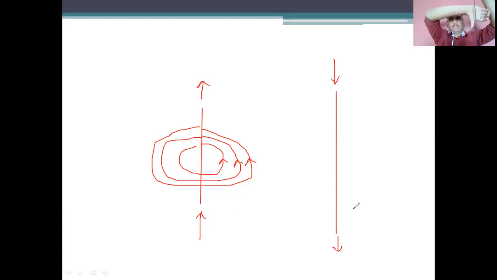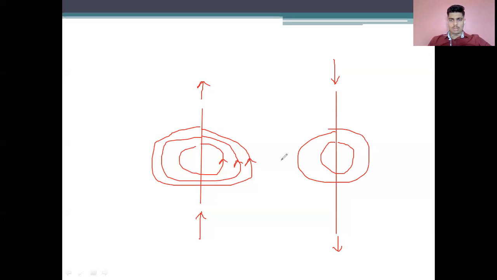Now if we curl the fingers around, it gives me a clockwise direction around the wire. So these are of course circular waves around the conductor.